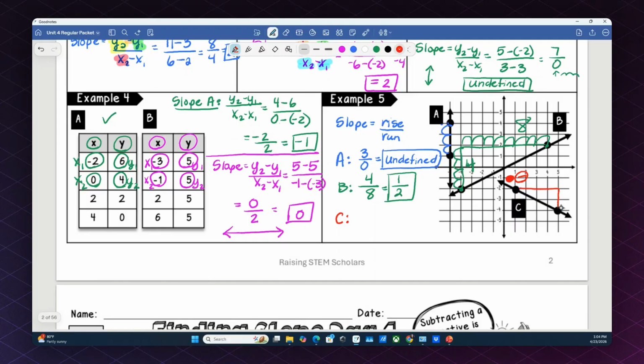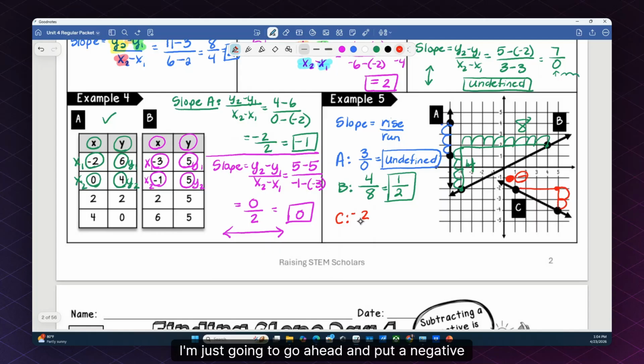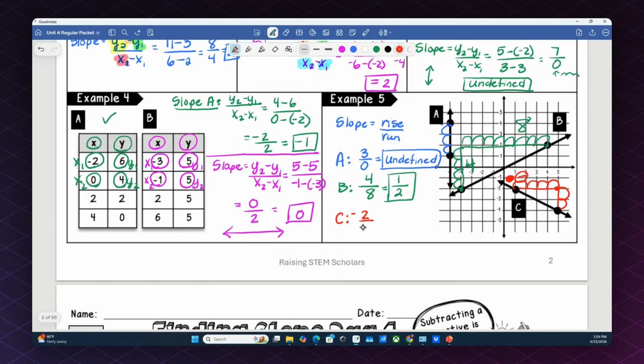Okay, we're going to go up 1, 2. Okay, so that's up 2. I'm just going to go ahead and put a negative there because I know it's going to the left. And then I'm going to go 1, 2, 3, 4. Okay. So negative 2/4 is going to simplify to negative 1/2. And there you go. Boom.